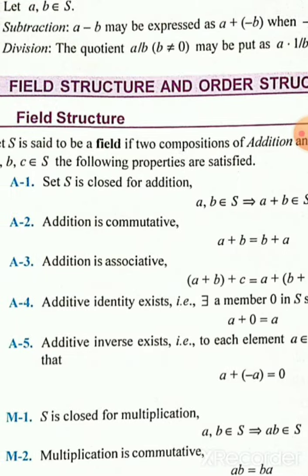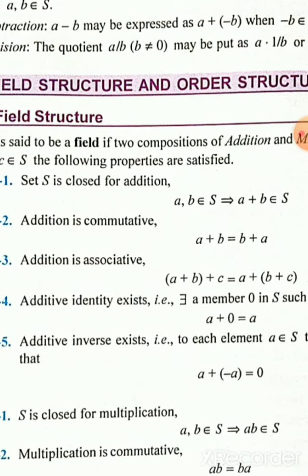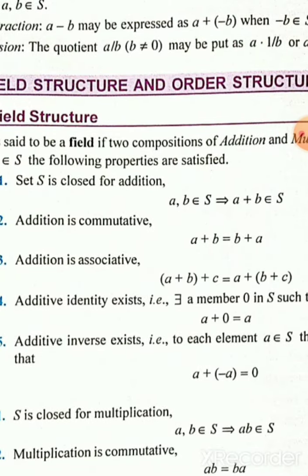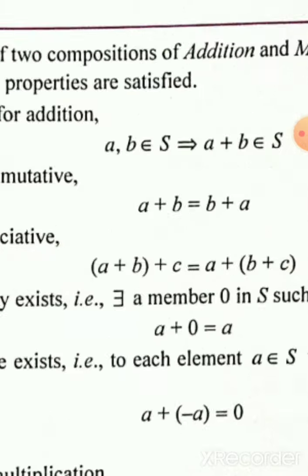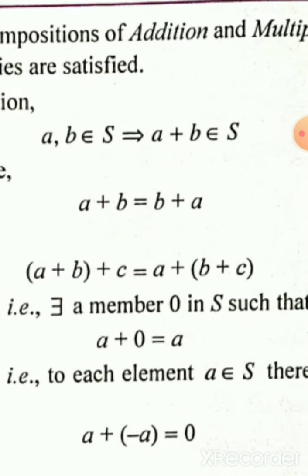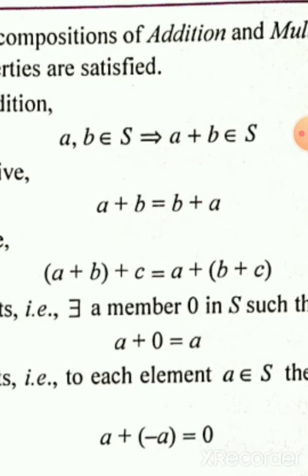Next one is A3, property number A3, that is addition is associative, means associative property is satisfied by set S. How must it be satisfied? For associative property we know that we require 3 elements. So choose any 3 elements a, b, c from set S and operate in this way. Begin from the left hand side, that is a plus b.